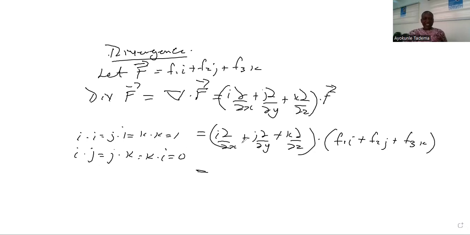Meaning that here we have an answer of ∂/∂x F1 plus ∂/∂y F2 plus ∂/∂z F3. This is the definition of div. Now, quickly, let's look at one example under div also.